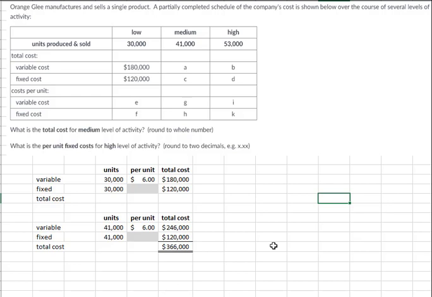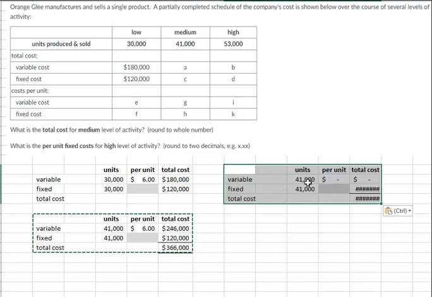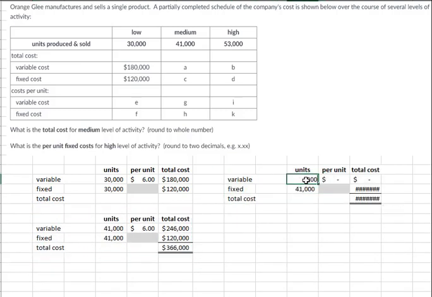Now what about the per unit fixed cost at high? What will the fixed cost be at high? Well, let's copy this over here. So we know the total cost is $120,000 for all three levels of fixed.